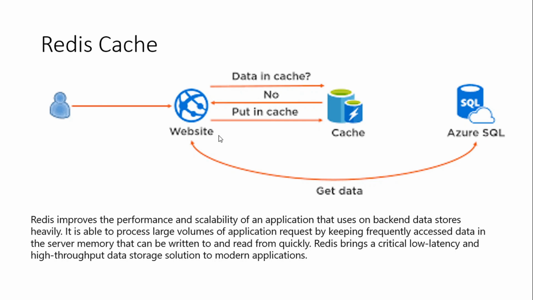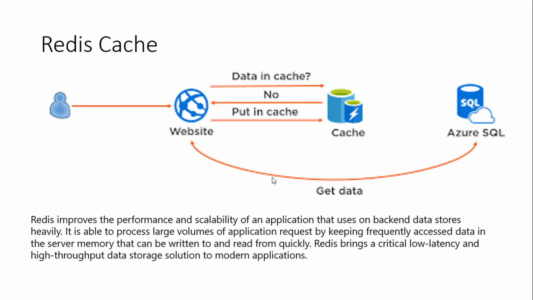We saw that Azure CDN and Front Door cache the data so that the next time the user gets the data quickly, locally. Redis Cache is a bit similar, but it provides caching for your backend database for the application itself. For example, you have a front end which is a website, and in the backend you have Azure SQL running.